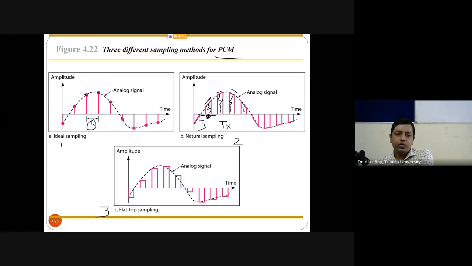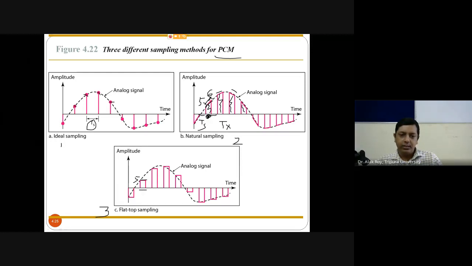Depending upon requirement, one can also use flat top sampling. In flat top sampling and natural sampling, what is the difference? In natural sampling, if you start measuring from point 1 to point 2, you will have continuous peak values, say from 5 to 6. Whereas in flat top, if it starts at height 5, it will continue with 5 for that time frame.